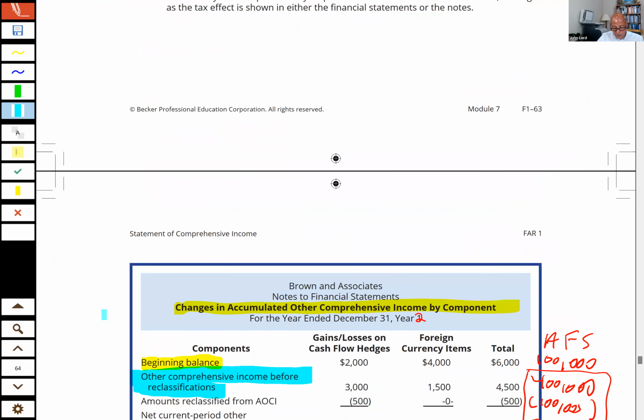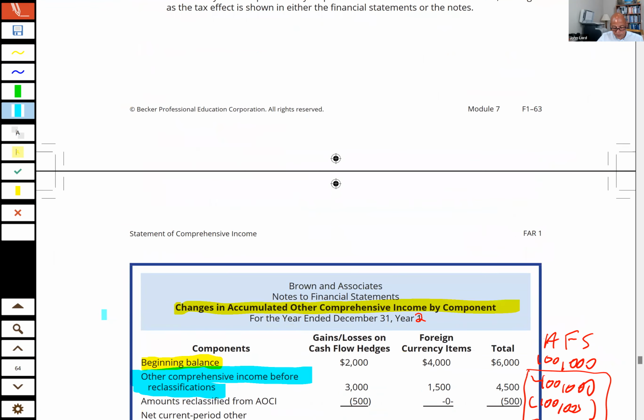And you need to, we have nothing showing in the prepaid. We want a balance of how much in there? 200. We want 200. How do you turn an asset account like prepaid insurance from 0 to a 200 balance? You debit it, don't you?